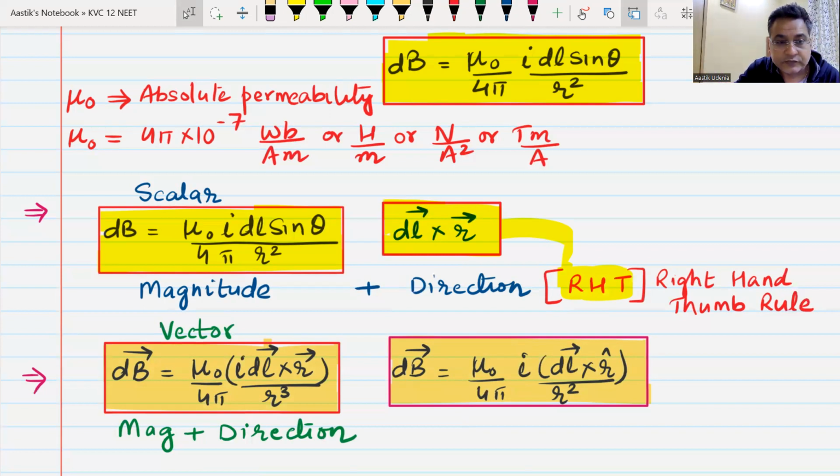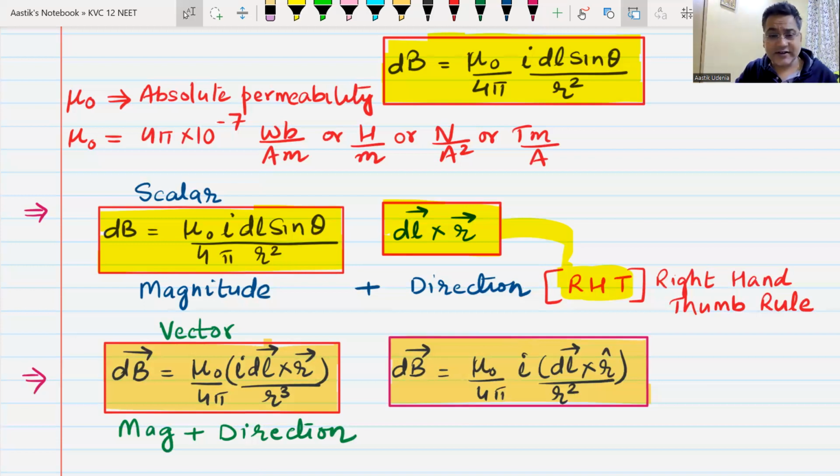Yes, sir. Anyone knows what is this right hand thumb rule or right hand palm rule? It will give you the direction of cross product.